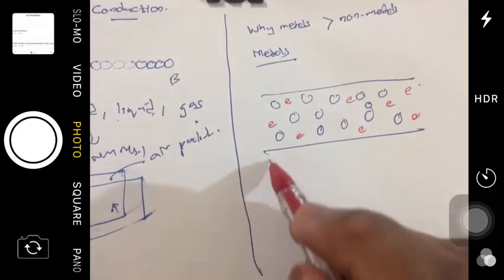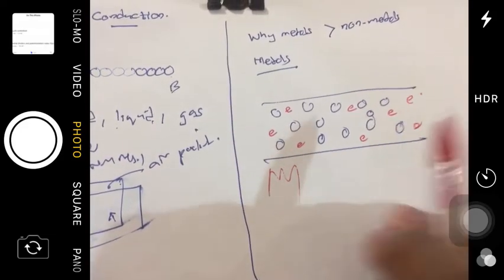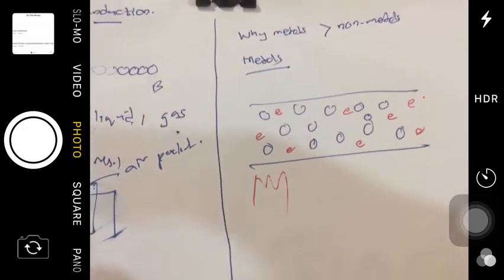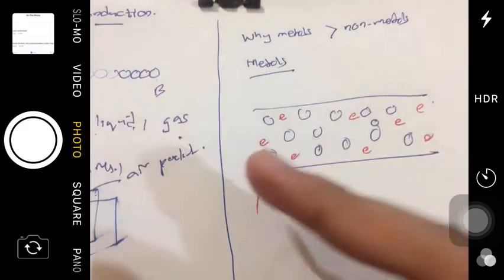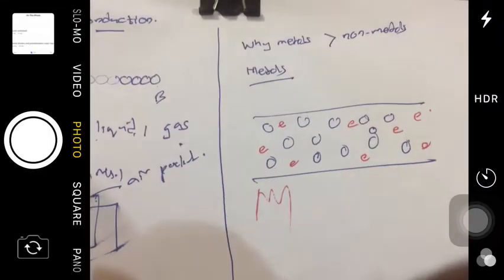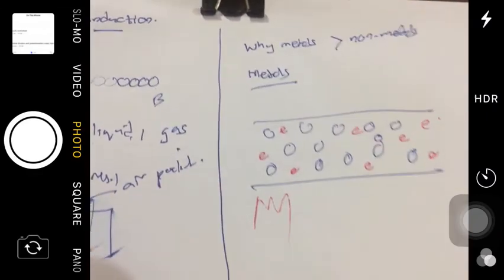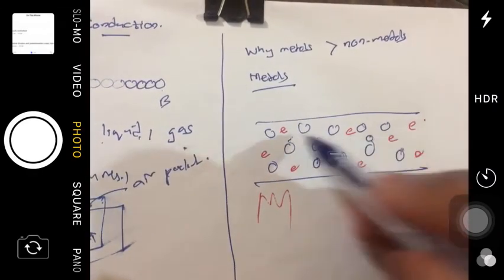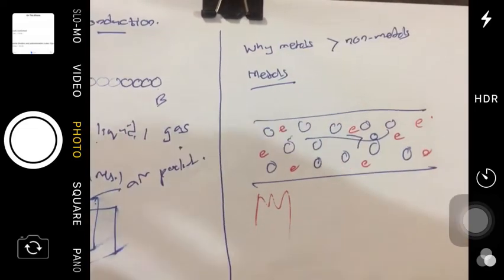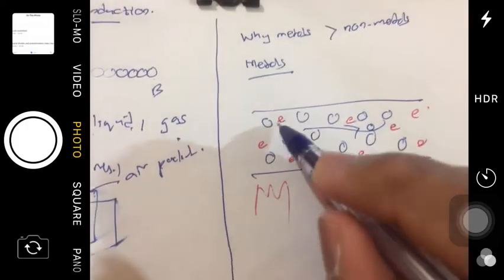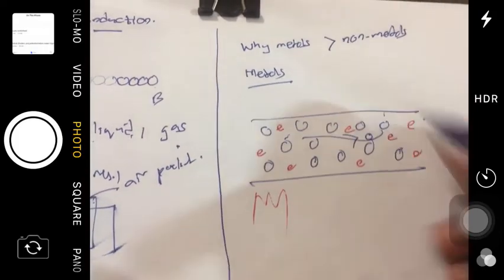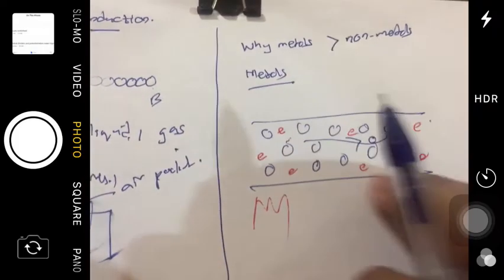Now, if one section of a metal is heated, then you know that with the increase of temperature, the kinetic energy of them increases. So when the kinetic energy increases, the free electrons in this region start moving faster, and when they start moving into the colder regions, these free electrons which have high energy give that energy to the atoms in the cold region.